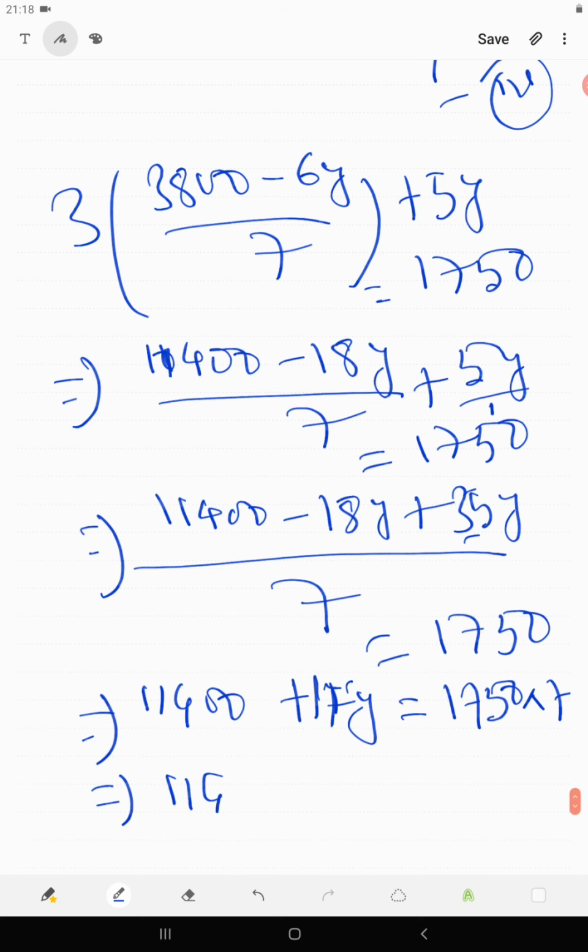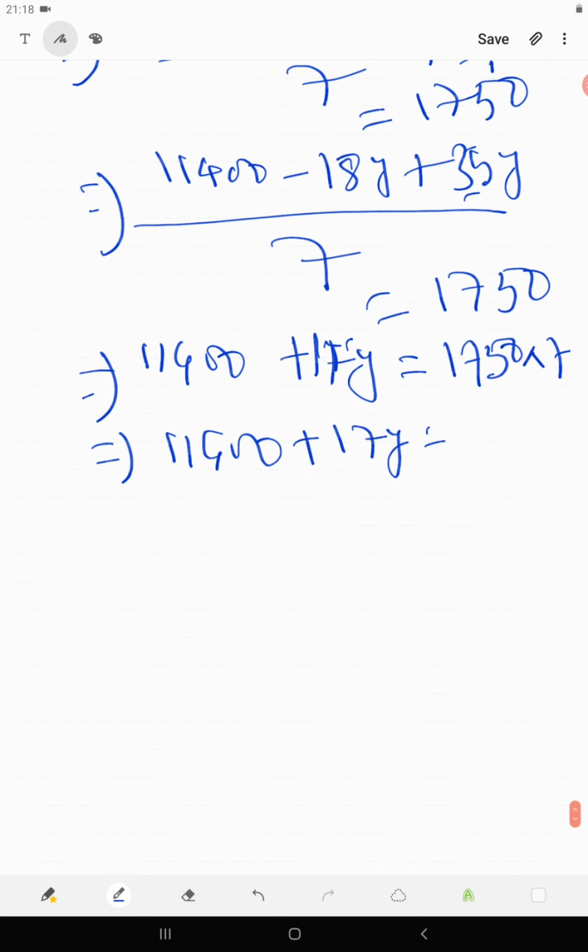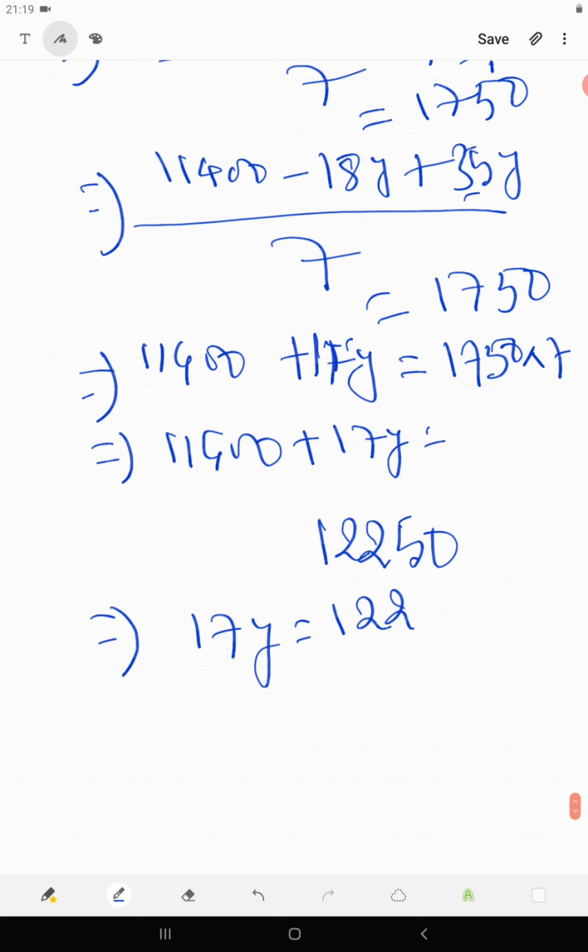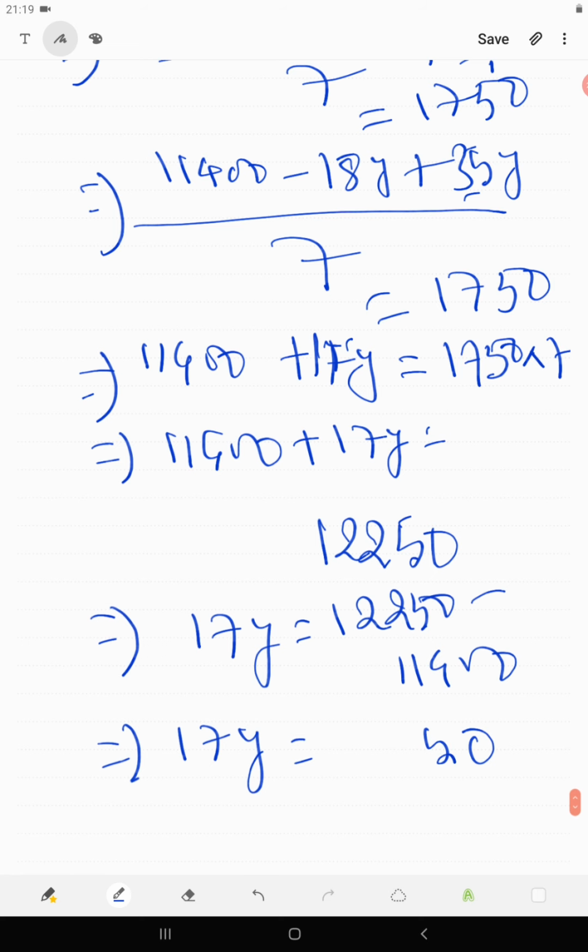So it will give you 11400 plus 17y equals 1750 into 7, which is 12250. So 17y equals 12250 minus 11400.